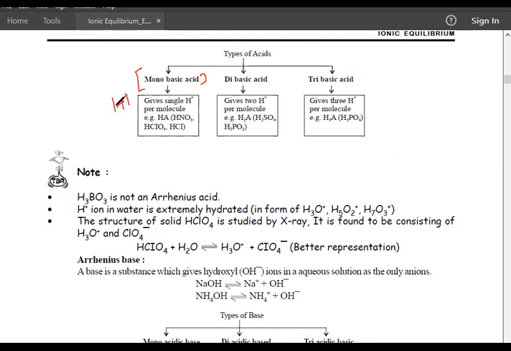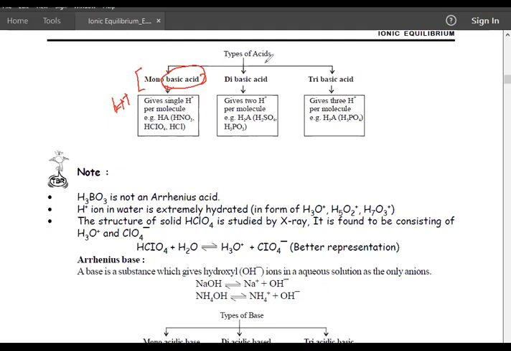Remember this: monobasic is used for acid, and monoacidic is used for base. This is the opposite nomenclature which is used here. So mono means one, basic is H plus, monobasic if one H plus is released, dibasic 2, tribasic 3.